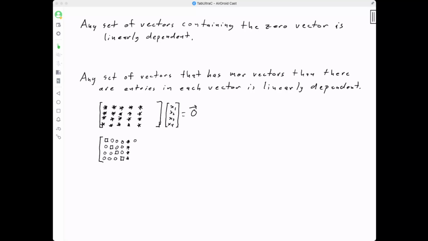And then you've got the 0 vector on the right side. This means that x5 is a free variable, which means that there is a solution other than the trivial solution. And so that is enough to show that these are linearly dependent.